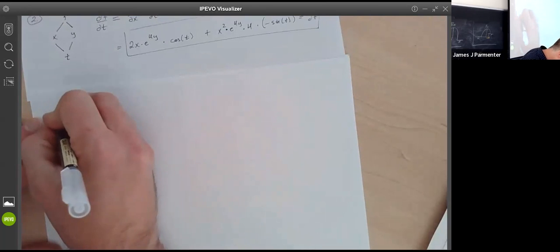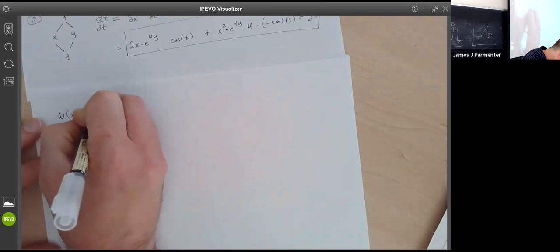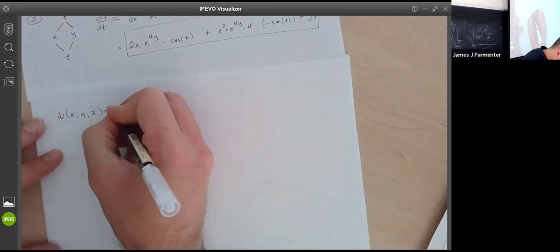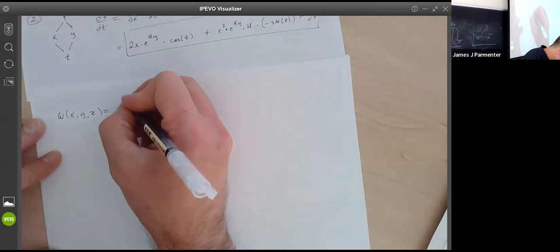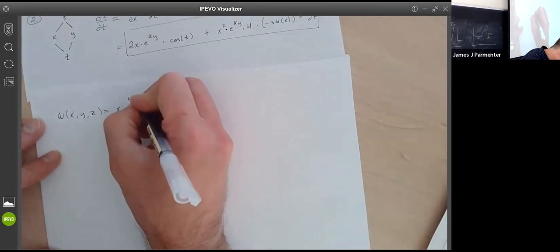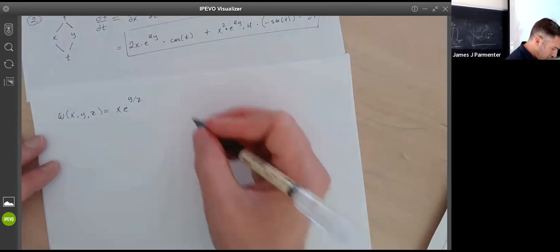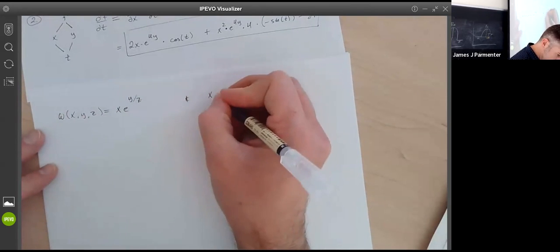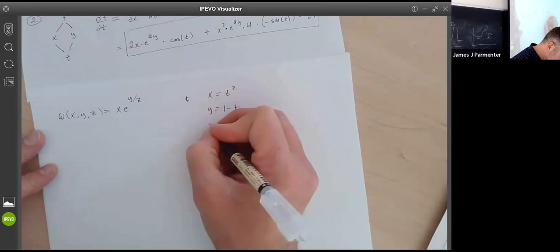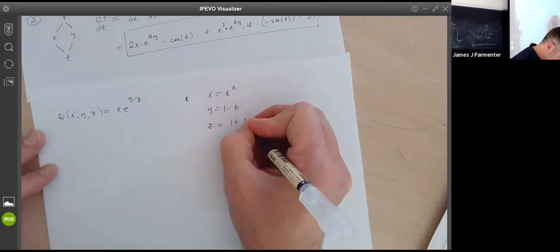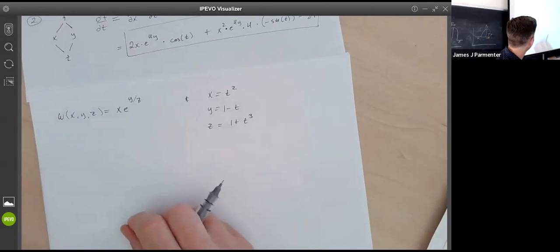So let's say we have this function of 3 variables. W of x, y, z is e to the x times e to the y over z. And we're also given that x, y, and z are functions of t.